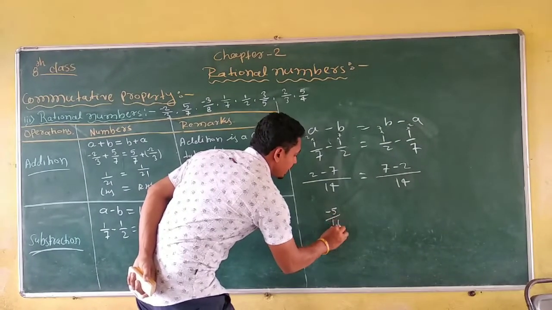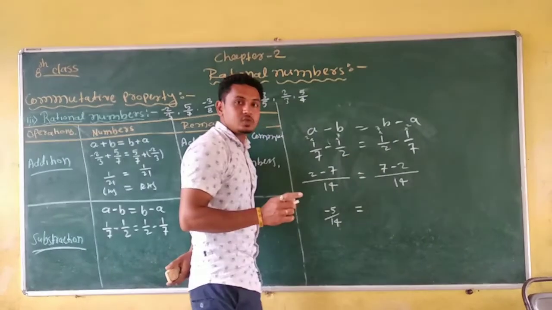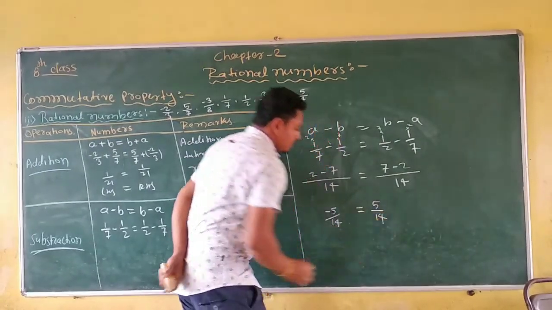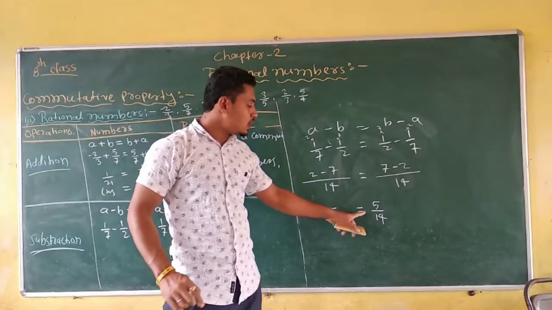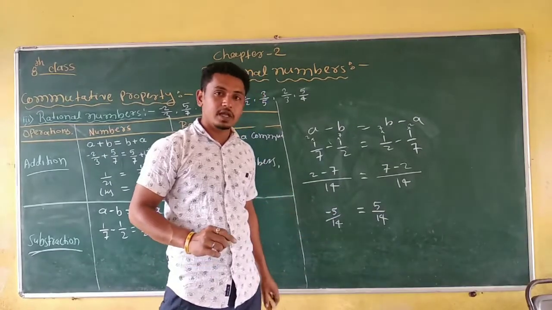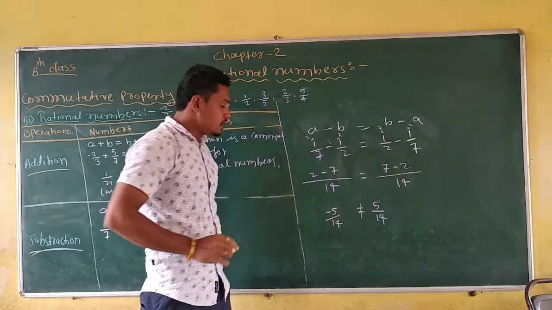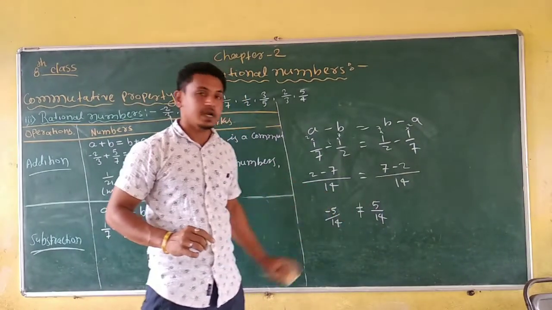Minus 5 divided by 14 is equal to 7 minus 2, 5. So plus 5 divided by 14. And is minus 5 divided by 14 equal to 5 divided by 14? No, right? Because minus 5 divided by 14 is not equal to plus 5 divided by 14.